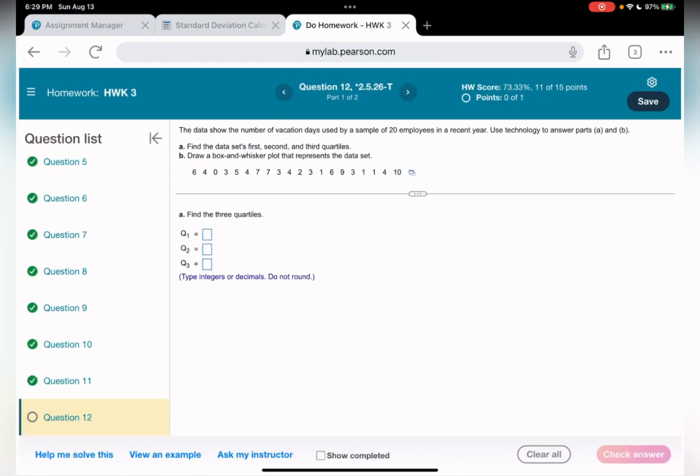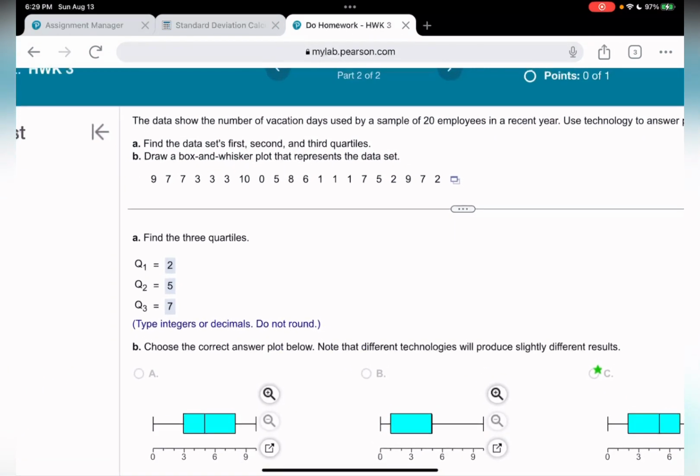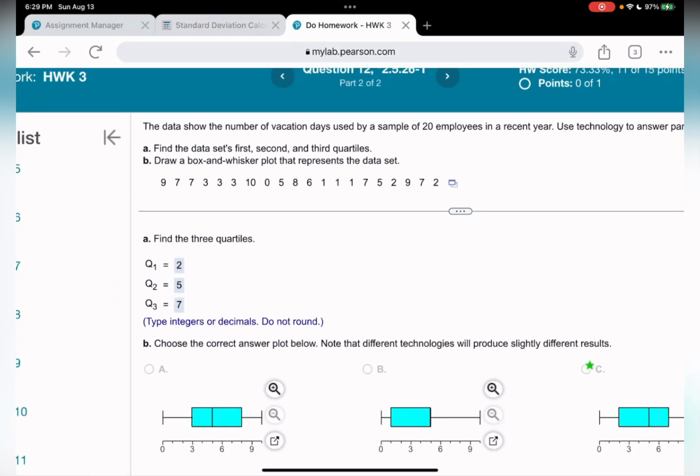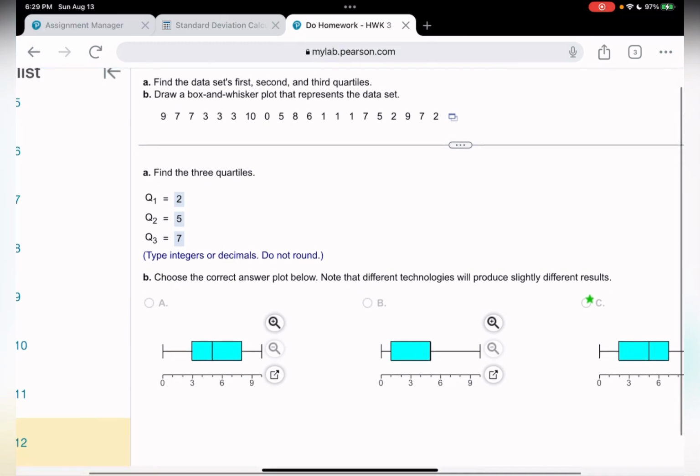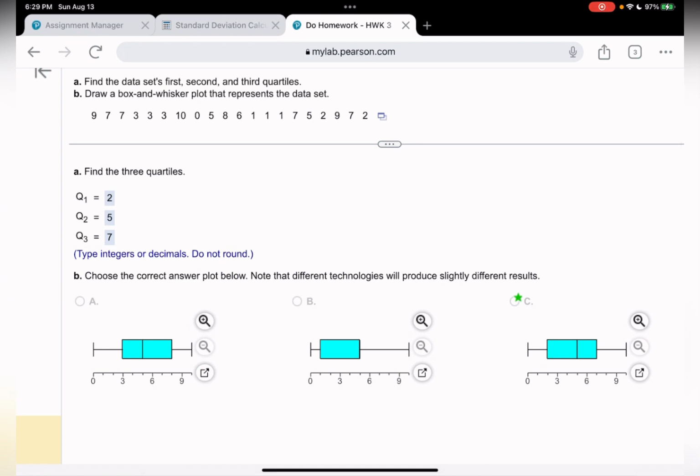This is what you're going to get: 2, 5, and 7. Again, you have to arrange in ascending order. First, find Q2, then go back to Q1, and then Q3. Now we need to find out which one matches this box plot. Although the answer is already chosen for us, I will show how we do it. Q1 is going to be 2. Looking at the first option, its Q1 is already 3, so it's not going to work.